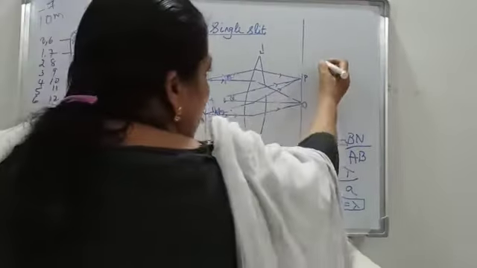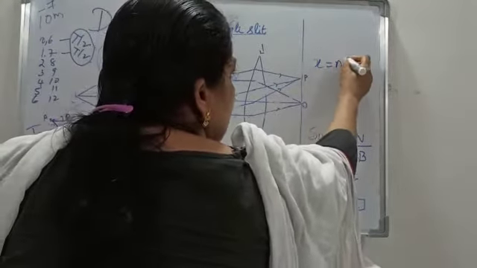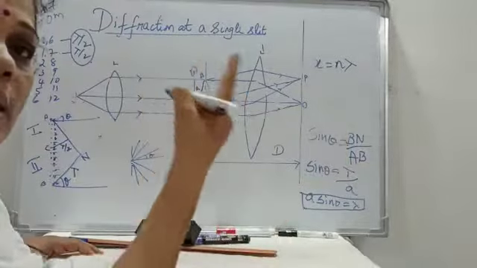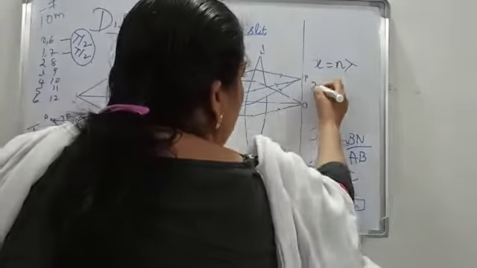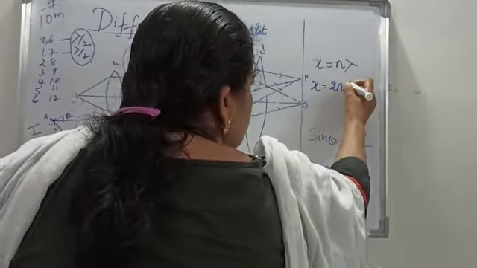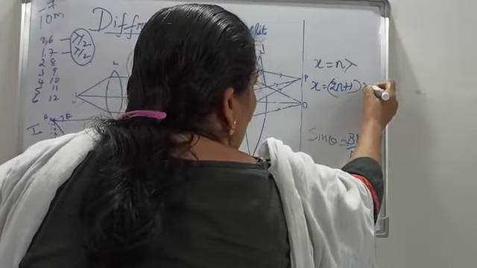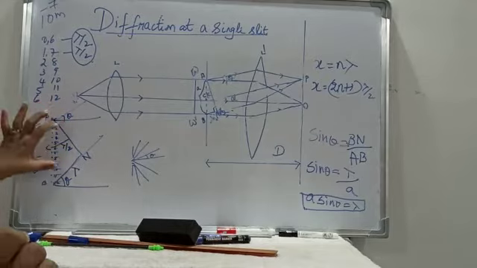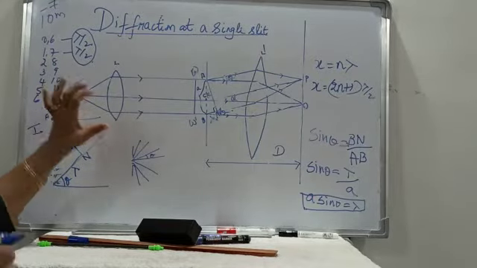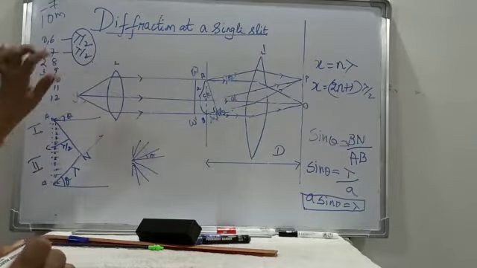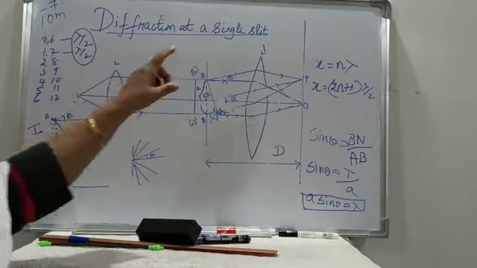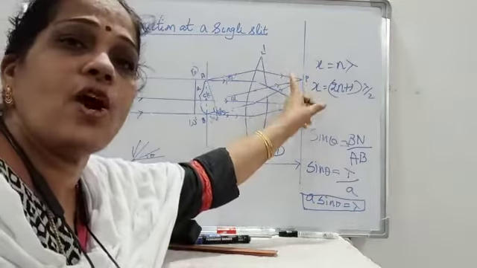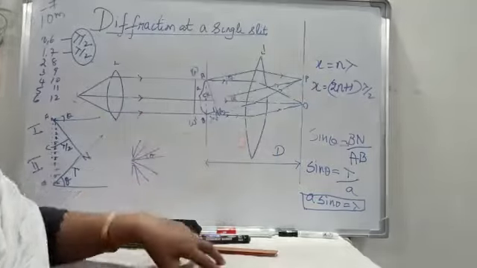That is, when the path difference is an integral multiple of lambda, you get a maxima. And when the path difference is an odd integral multiple of lambda by 2, we get a minima. Here again, the two waves which are interfering have a path difference of lambda by 2. Therefore, the point P must be of minimum intensity.